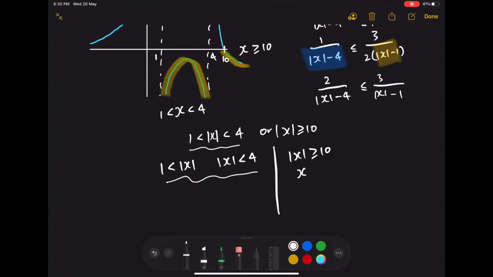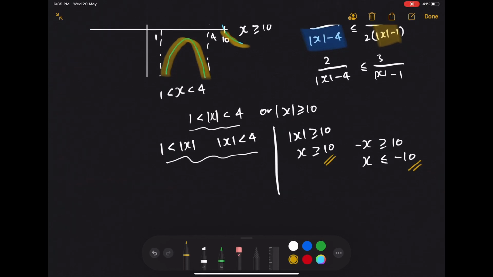So we have one to be positive, and then we have another one to be negative. For the negative one, if I bring my negative over, we have to flip the inequality sign. So we have these two answers. This is the answer for this section. So we're going to go on to the next part. Now we have two of them, right? So we're going to split it up.